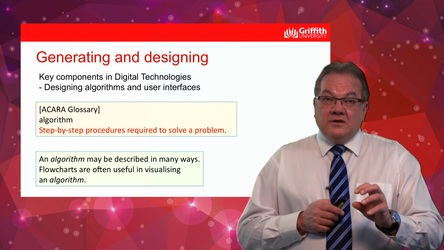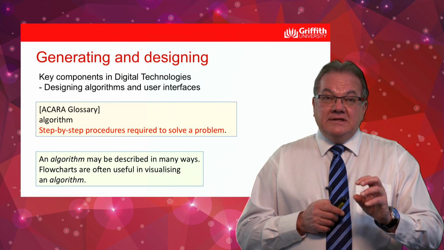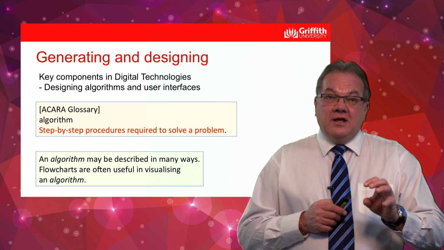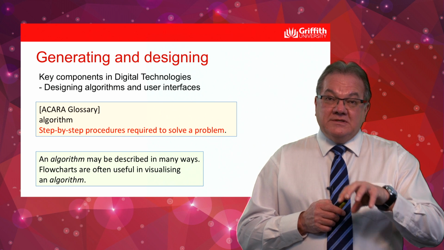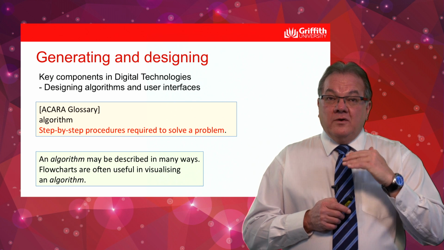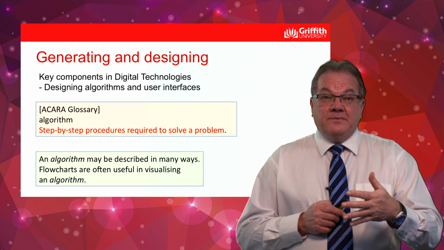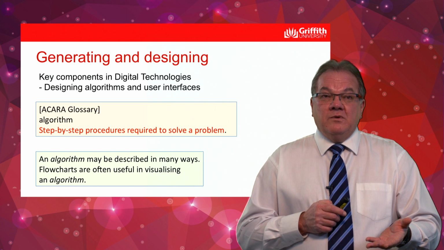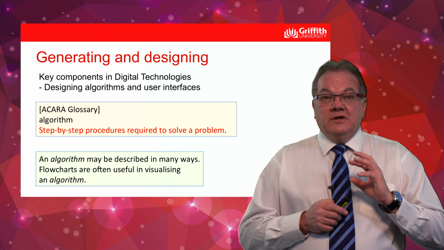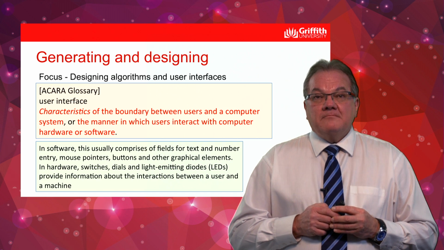There are some key components in digital technologies that we need to cut through and understand. In designing algorithms and user interfaces, which is central to generating and designing, understand that an algorithm is a step-by-step procedure required to solve a problem, and it may be described in many ways, and flowcharts are often useful in visualising an algorithm.